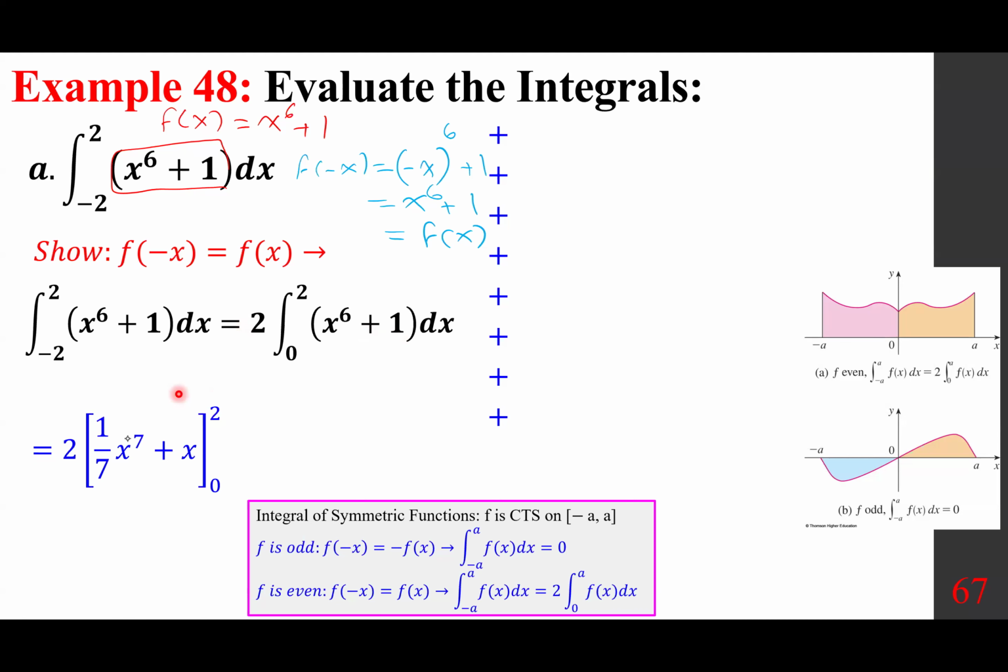Of course, 0 doesn't do anything. You plug in 2. 2 to the power of 7 is 128, divided by 7, because of 1/7 plus 2. So this is going to add up to 284 divided by 7.